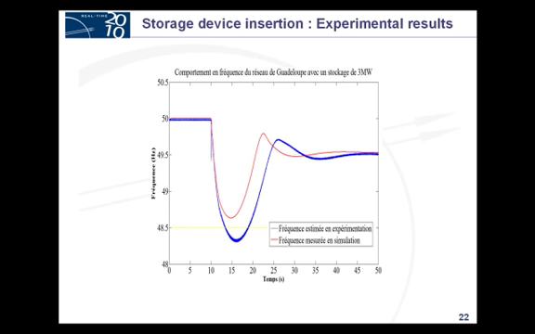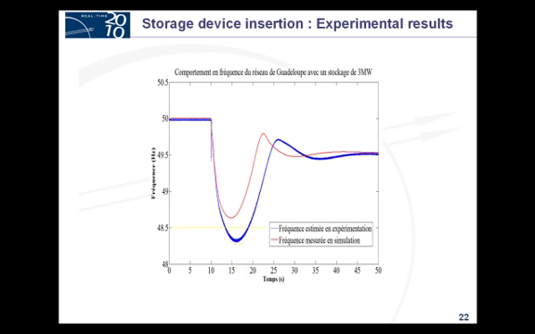Okay, so here is the result we have obtained. The goal was not to reach the yellow line here, not to cut off a customer. So in red here you have the frequency measured in pure simulation, and in blue this is the frequency measured in a PHIL application.